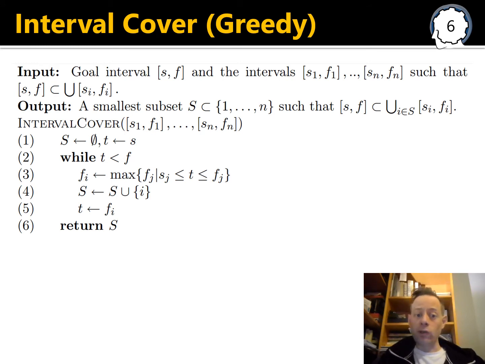So in the interval cover example, what we need to do is to initialize so that the starting point of our first interval is S, the starting point of the goal interval.